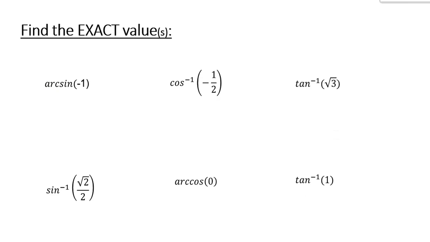Let's try some. It says find the exact value or values of each of the following. So arc sine, inverse sine of -1. That means I need to find the angle whose sine was equal to -1. All right, let's look back at our information.